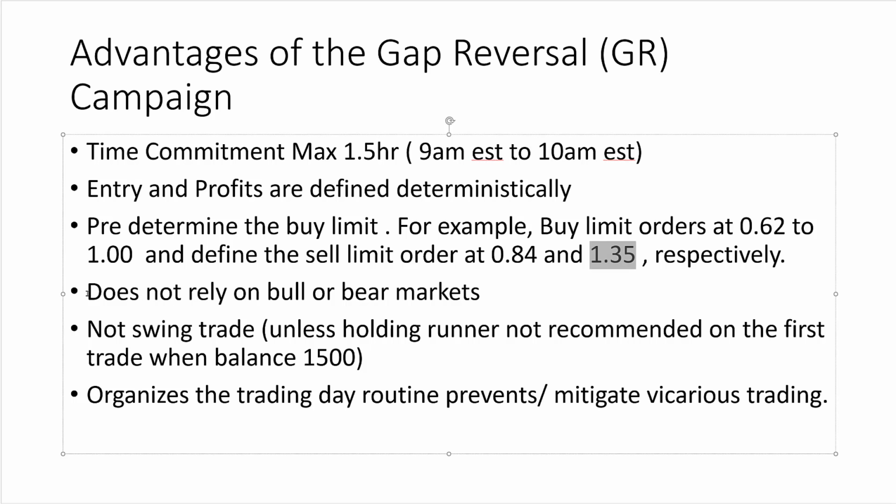Another advantage is this strategy is very neutral. Okay, it doesn't really rely on anyone being bullish or bearish. It works in both markets. Another advantage is that you don't have to carry over.